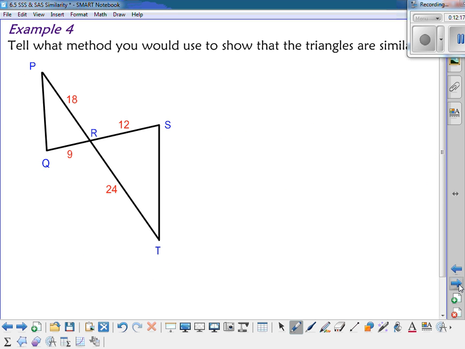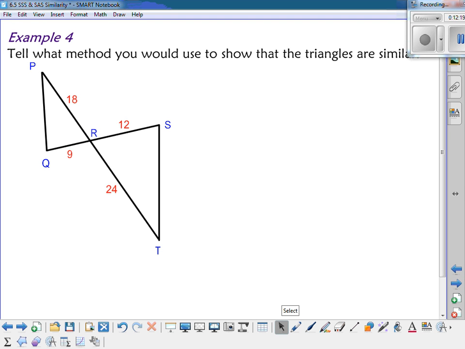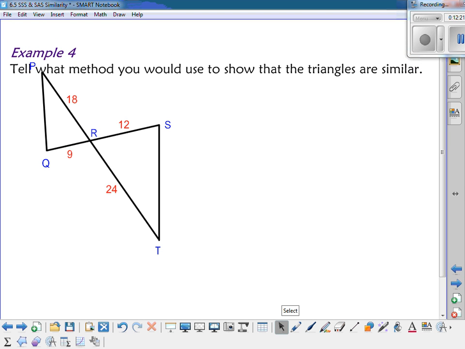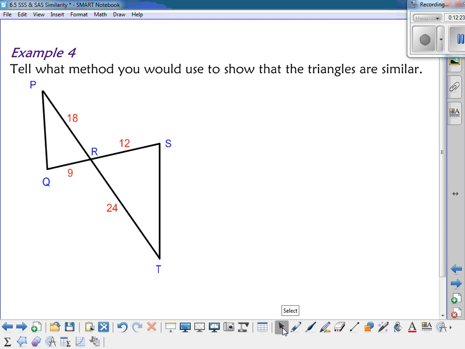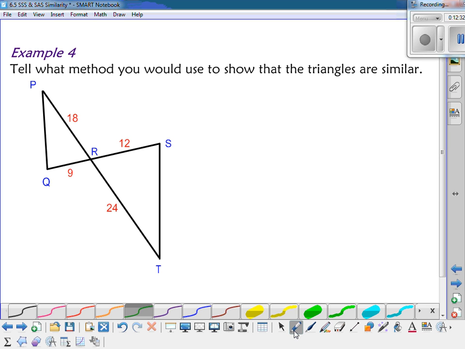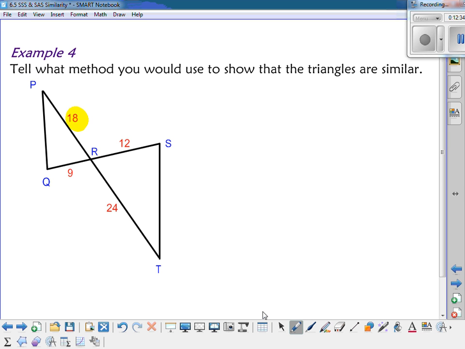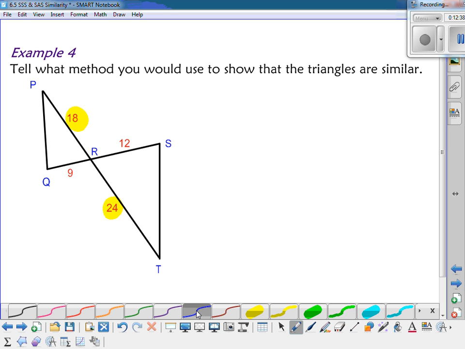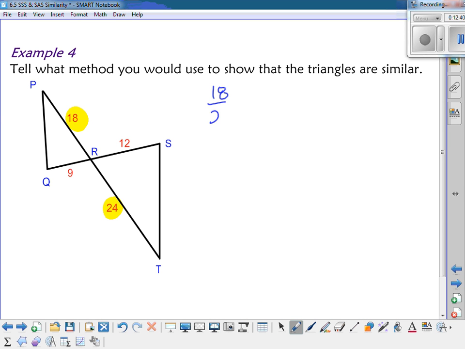All right, so example 4. What method would we use to show that the triangles are similar? I need to move this down a little bit. There we go. All right, what method would we use to show the triangles are similar? So first of all, I need to figure out where I've got some proportional sides. So if I look here and I compare 18 to 24, I want to know, does that equal 9 over 12?